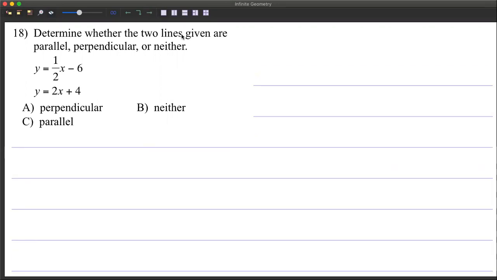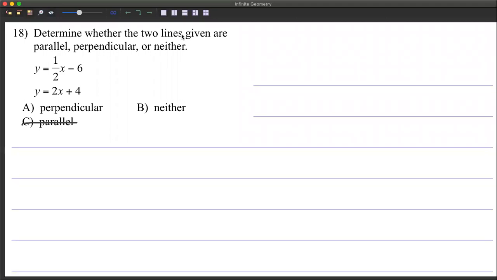Jay, are these two going to be parallel, perpendicular, or neither, do you suppose? Not sure. Well, let's walk through them. Are they parallel? Do they have the exact same slope, both of them? No, so we're going to cross that off. To be perpendicular, the slopes have to be opposite reciprocals.